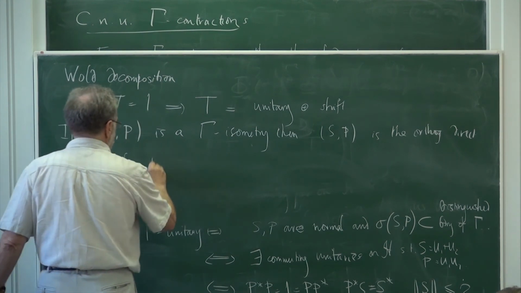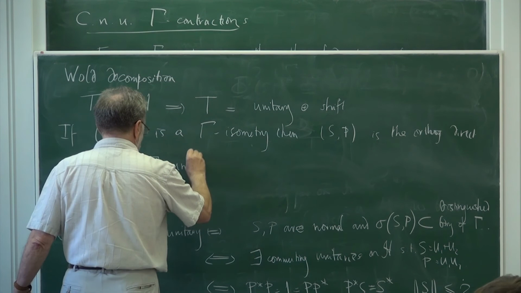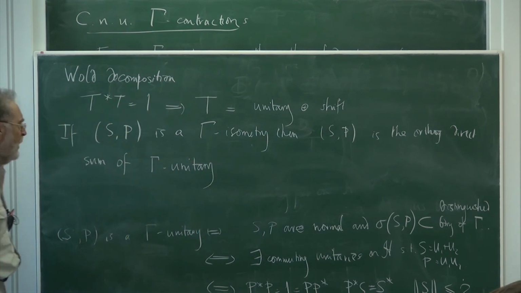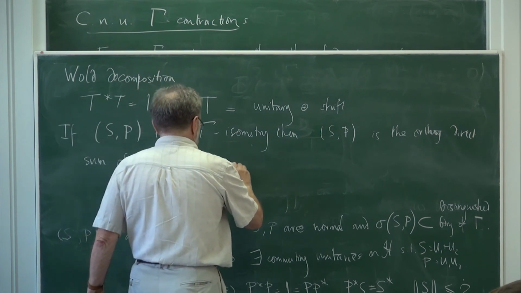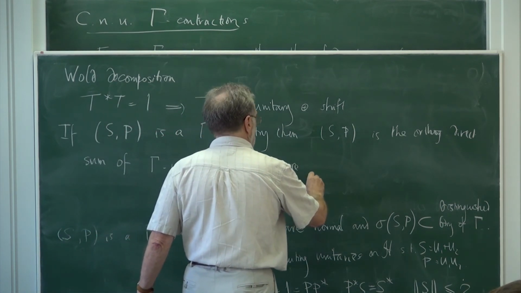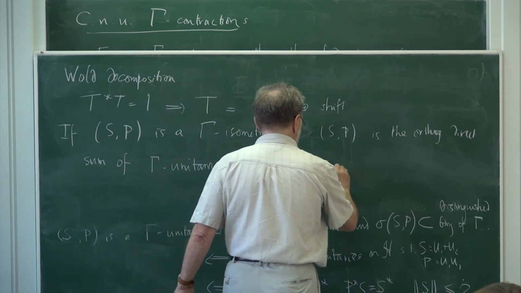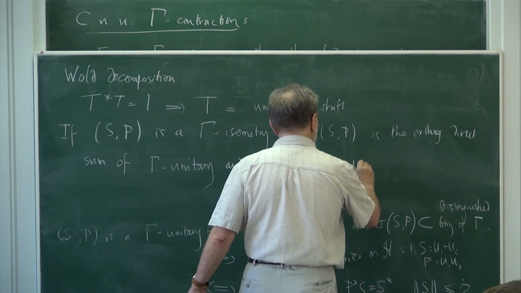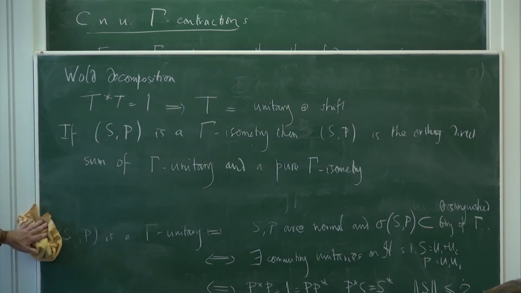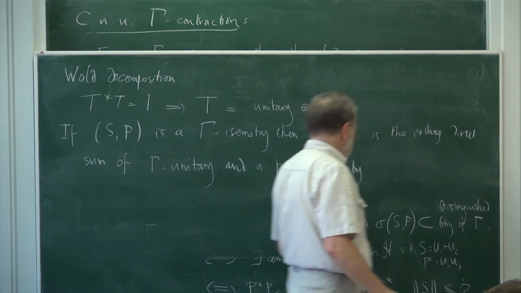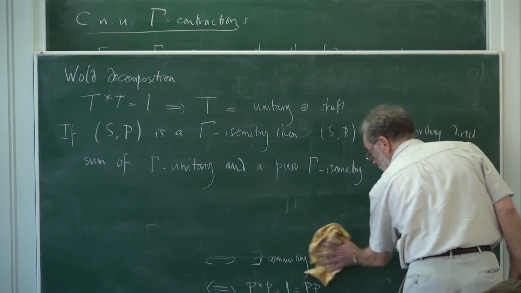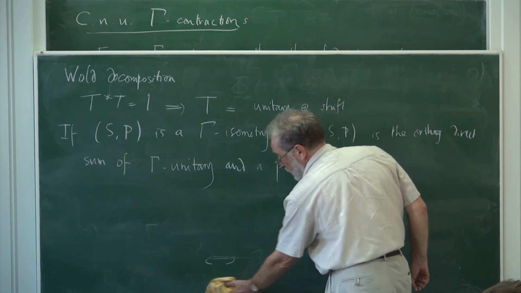Well, a gamma unitary, clearly, is one of them. But what's the analog of a shift? Well, that's what I call a pure gamma isometry. And all that means, a pure gamma isometry, is a gamma isometry for which P is a pure isometry. In other words, a shift.